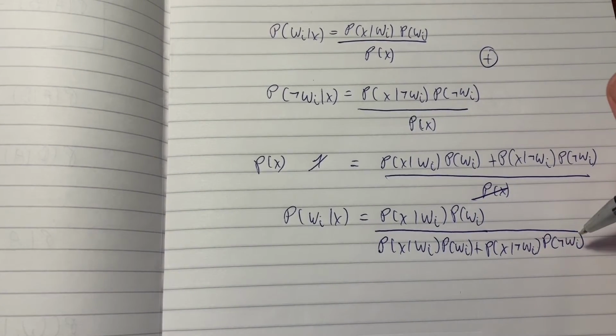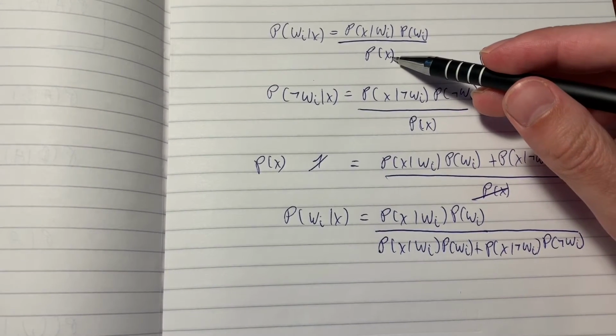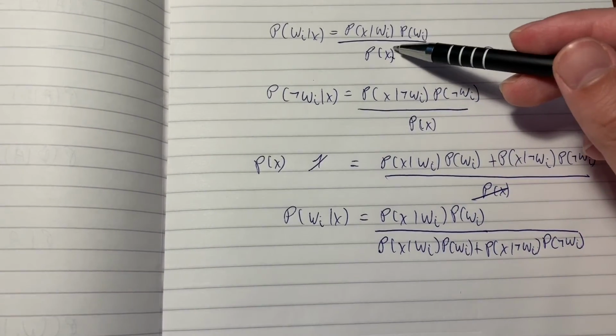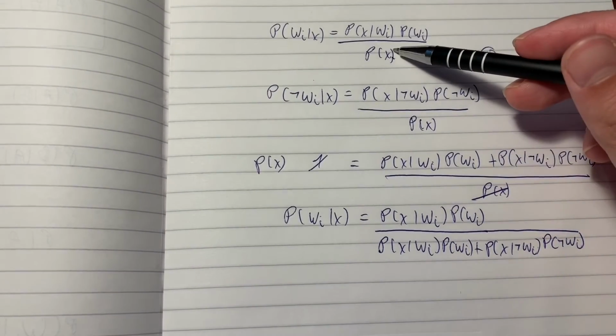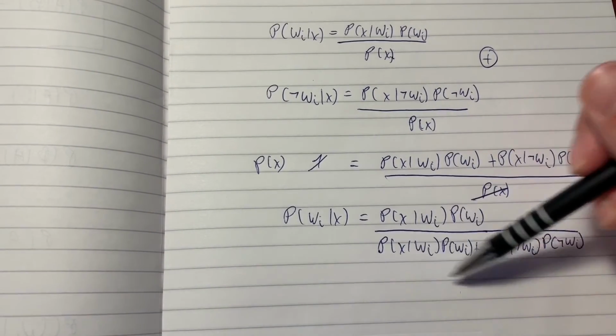As you can see, what this has allowed us to do is get rid of this so-called unsightly integral. I keep referring back to the unsightly integral, this P of X. It's allowed us to get rid of it, so we don't have to actually calculate it. Now we can replace it with this.